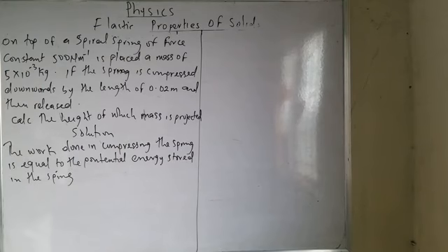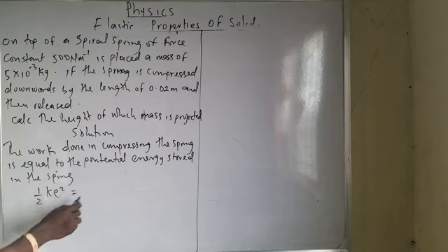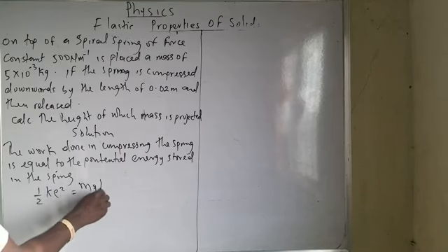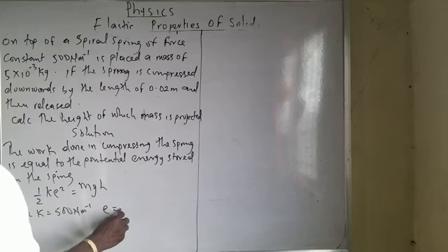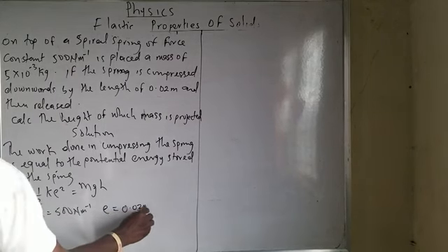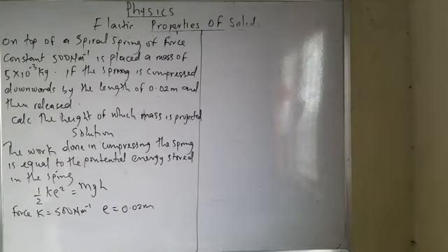It means 1 over 2 K E squared will be equal to the potential energy mgh. We know that my force constant K is 500 Newton per meter, and my E is 0.02 meter, which we have on the question.